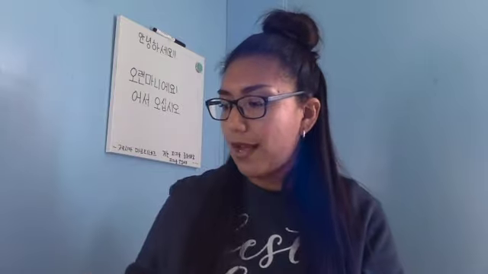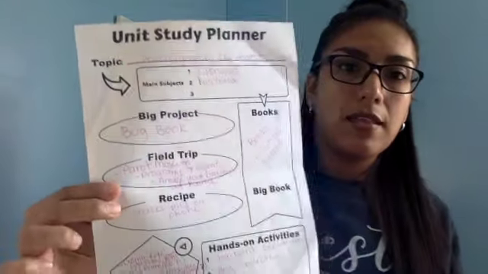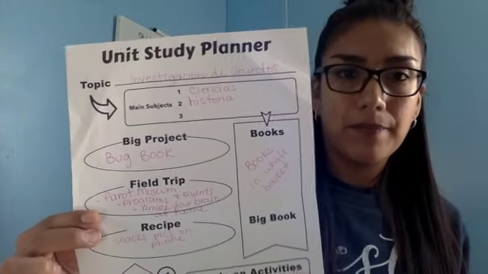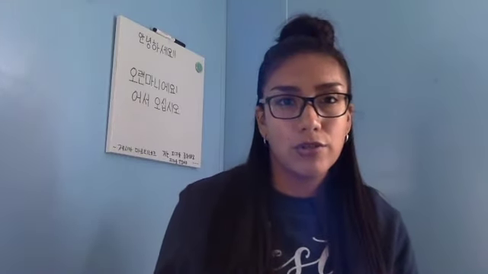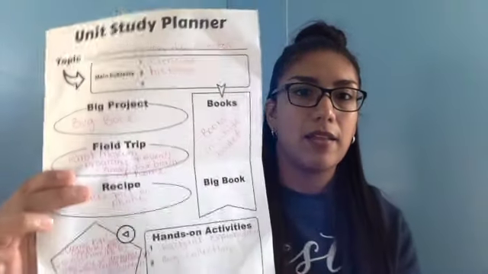Also, I have just a journal where I will be writing down any ideas, and then I also use the template, the unit study planner from Raising A through Z. She is a homeschool mom. She's also on YouTube, and she provides these, and they're free.